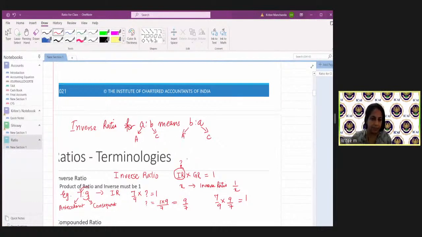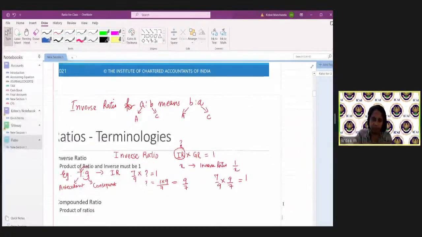The simplest way of understanding inverse ratio. So we can work it as in mental maths also. For 5/6, what would be my inverse ratio? It would be 6/5. For 7/10, it's 10/7. For 5, it's 1/5. As simple as that. So we are simply just finding the reverse or inverse of the number.